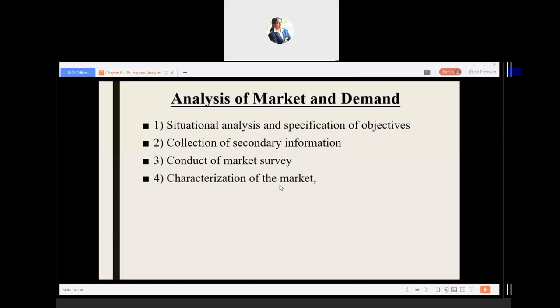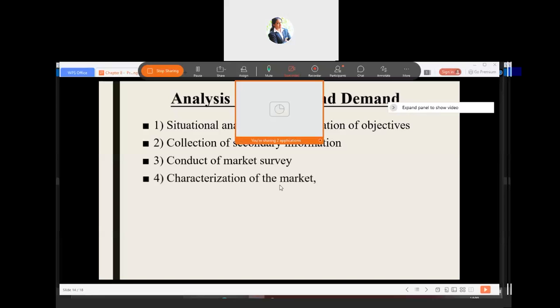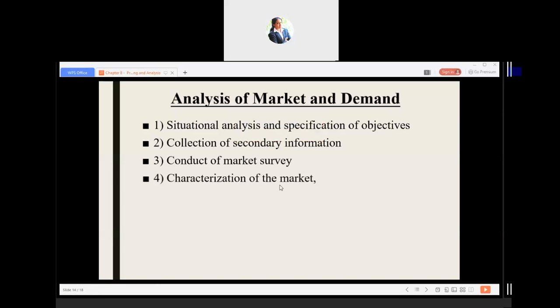Now the figure of apparent consumption has to be adjusted for consumption of the product by the producers and the effect of abnormal factors.